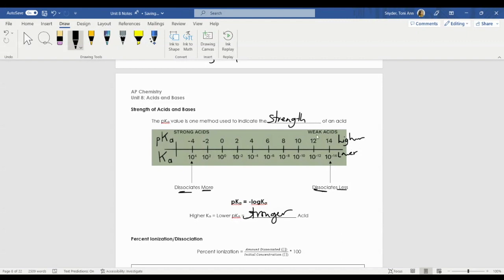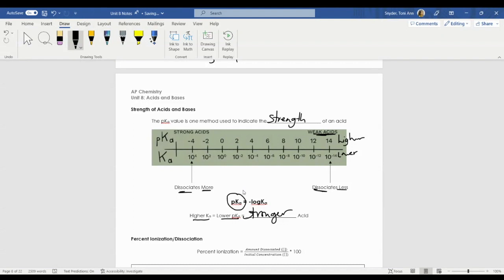And the higher the pKa means the weaker the acid, right? So if I compare that to here, the higher value for Ka means the lower pKa, which means the stronger acid. Now, if it were me, I would just say, okay, the higher Ka means the stronger acid because that means more is dissociating. Why chemists had to take it a step further, I'm not quite sure, but they tend to like to use the pKa.